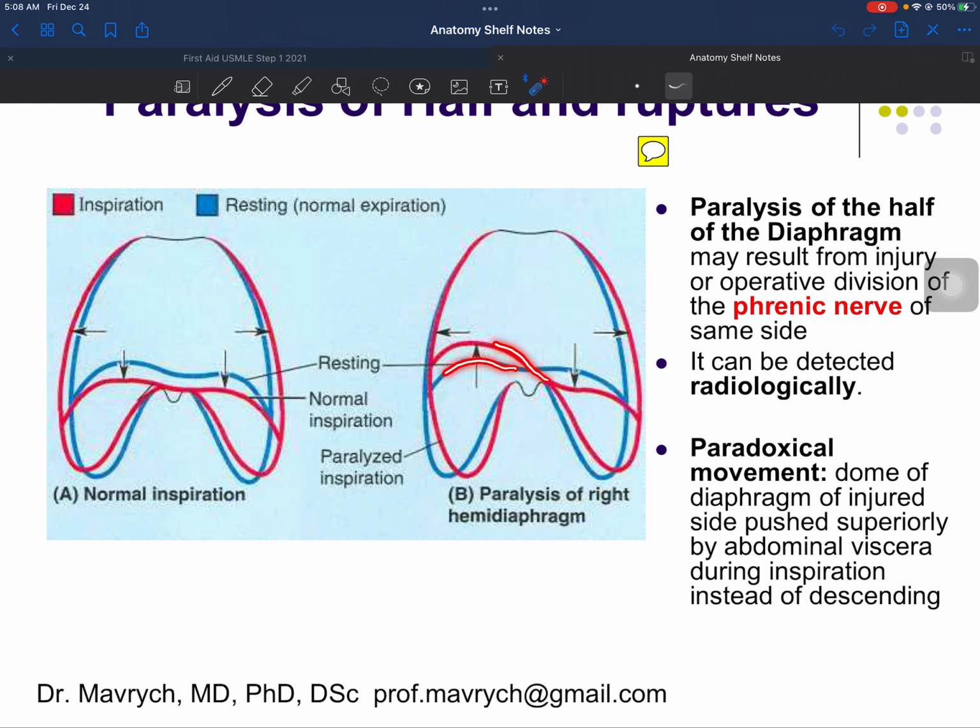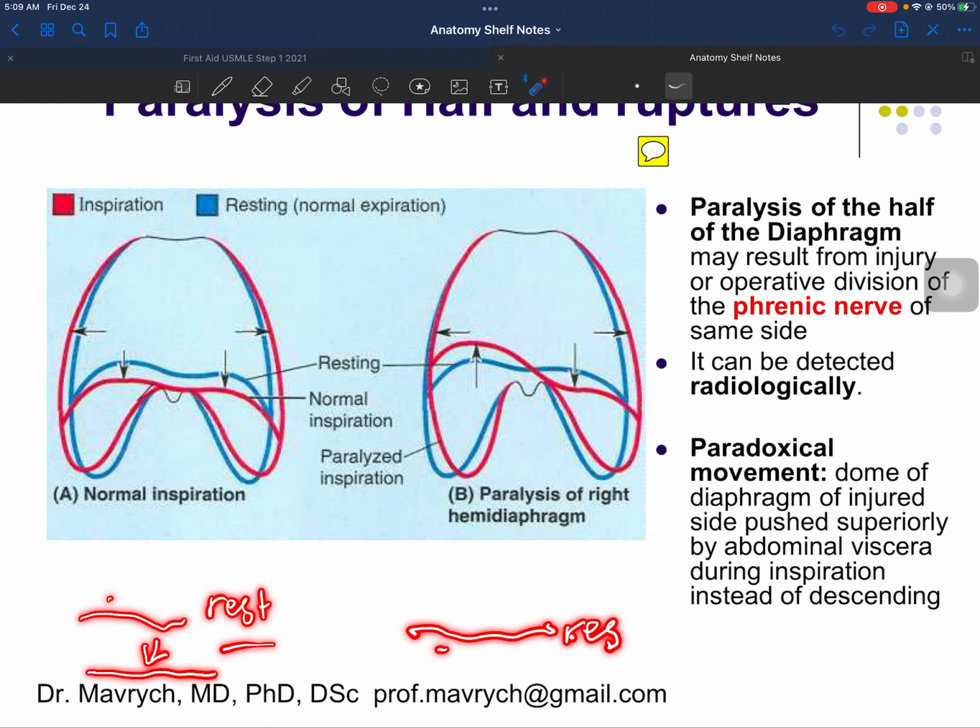So this is the one at rest, and here the normal one at rest. The normal one at rest, if you breathe in, is going to go downwards. This is during the inspiration.